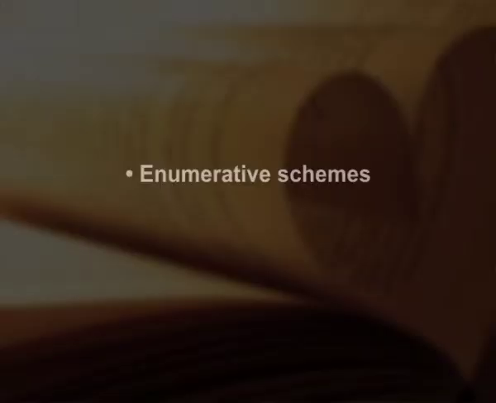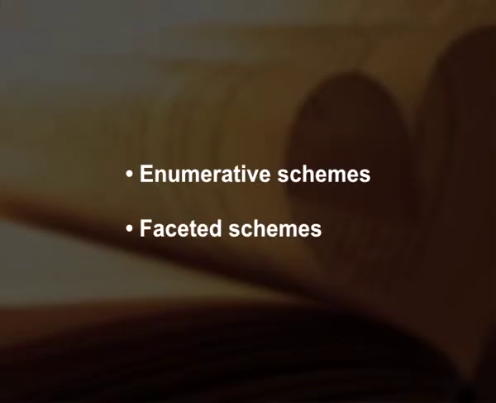Even though the purpose of library classification remains the same, the different classification schemes differ in their scope, structure and general layout. Considering the functionality, layout and structure, classification schemes are broadly grouped into two, namely enumerative schemes and faceted schemes.